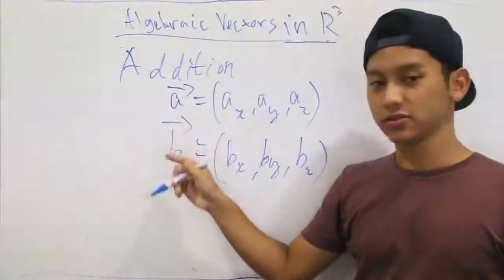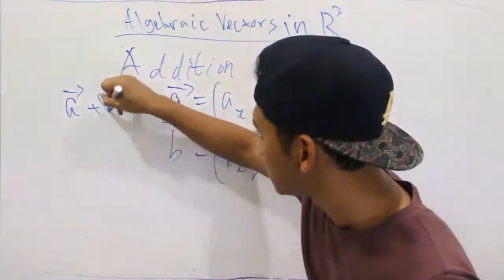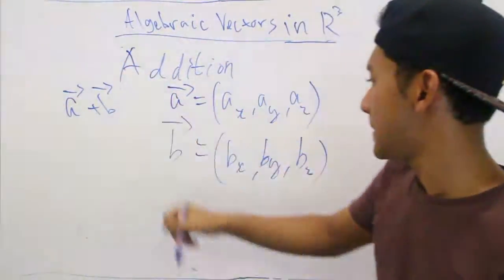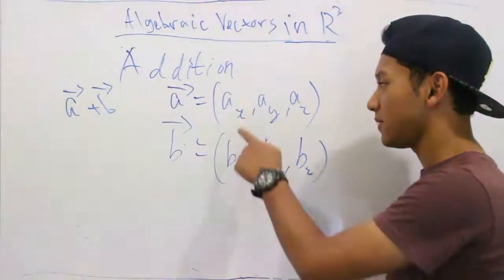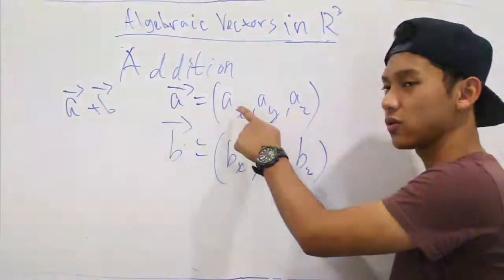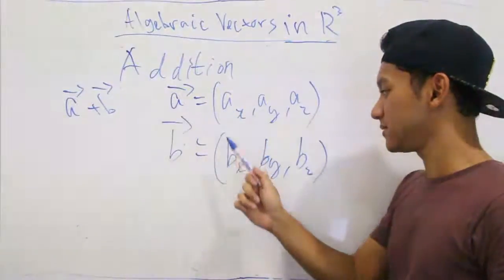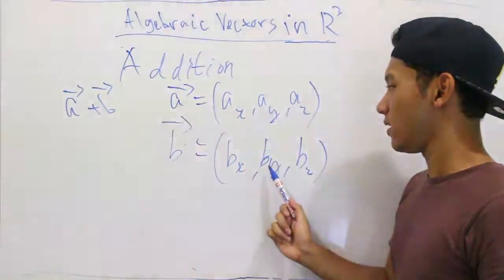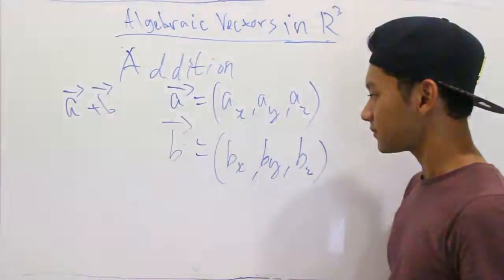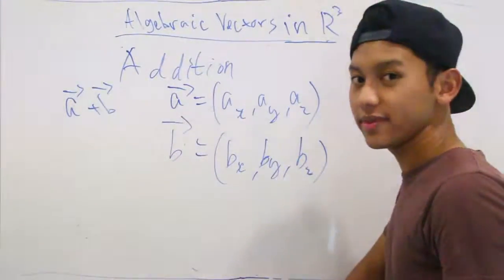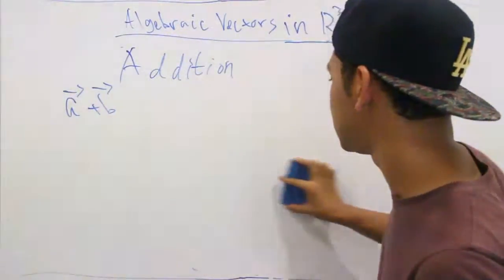If we want to add these 2 vectors, vector A plus B, same thing, we add the corresponding coordinate axis with the other one, which means AX plus BX, AY plus BY, and AZ plus BZ to find each coordinate. Let's do that with numbers, which makes everything easier.